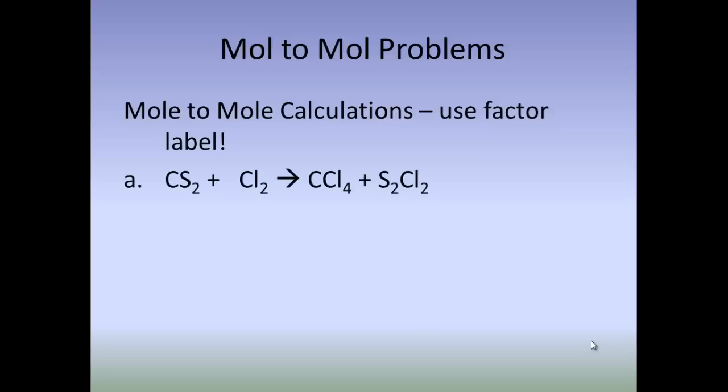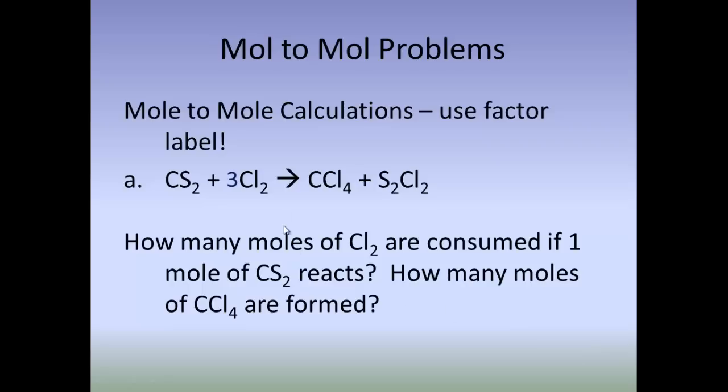Okay, so let's start with an equation to balance. Pause the video and balance the equation. Hopefully you ended up with a 3 and everything else is 1s. Here are the first questions we'll solve. How many moles of chlorine are consumed if 1 mole of CS2 reacts? How many moles of CCl4 are formed?